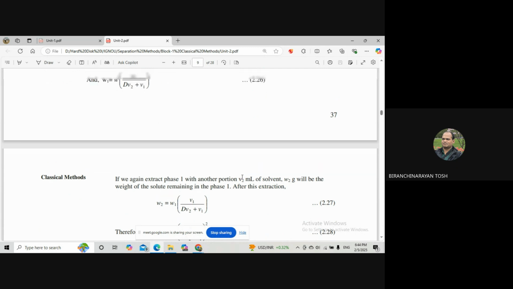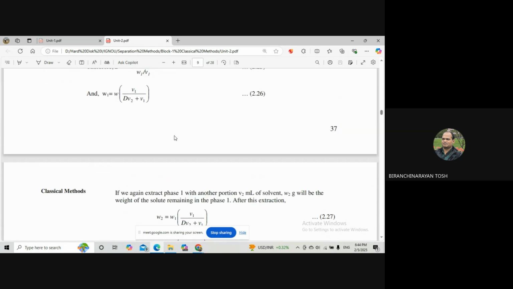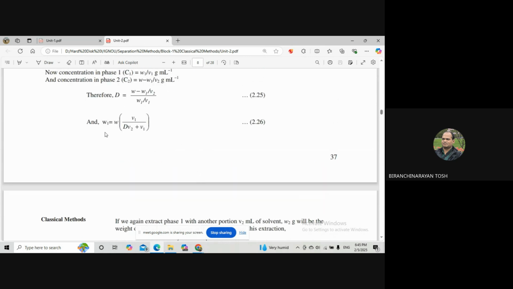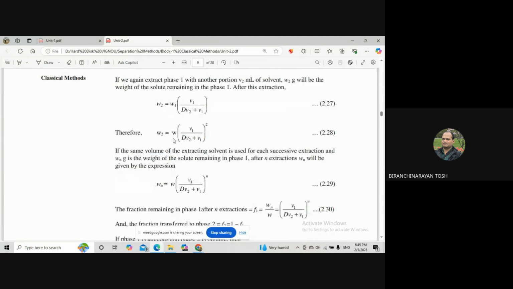Because when you are adding another portion of the solvent, W2 will remain in the first phase. So in place of W1 we put W2, in place of W we put W1. The rest will remain the same, like the successive W2 will get this one, it will be squared again.